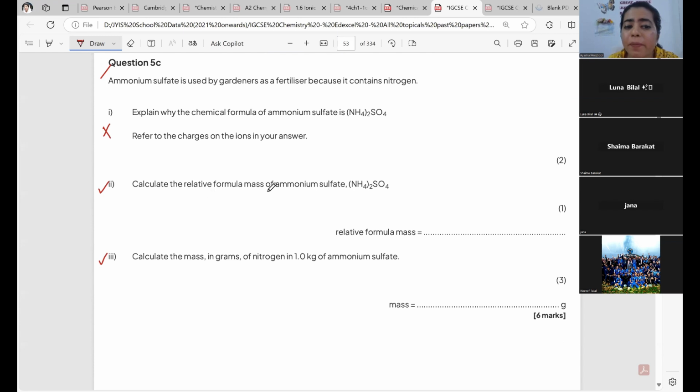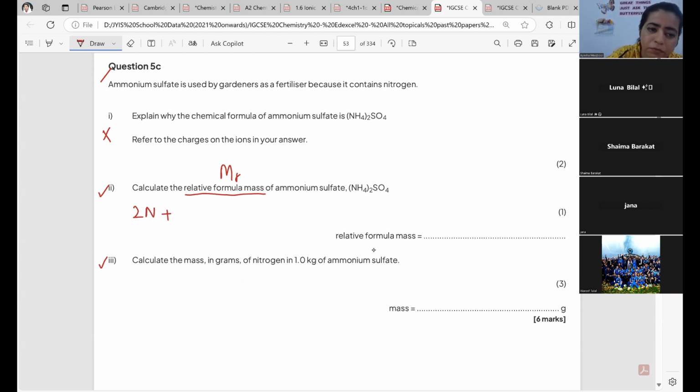Calculate the relative formula mass of ammonium sulfate. Basically they are asking you the MR value of ammonium sulfate. Miss, I think that we will multiply the 2 by the N, which will be N2, and multiply the 4 H with 2, so it will be H8.